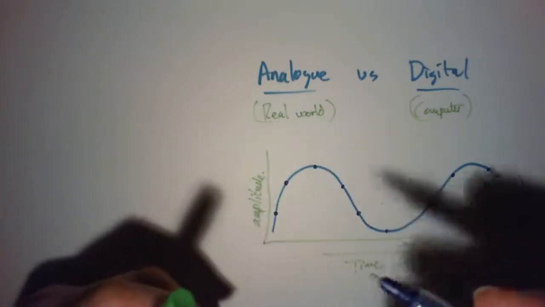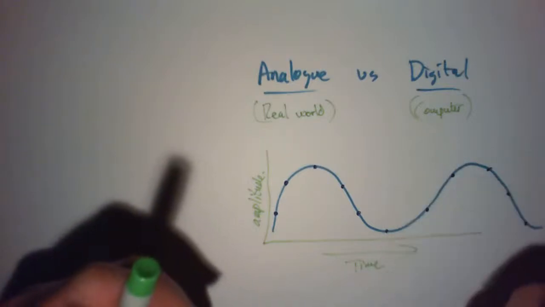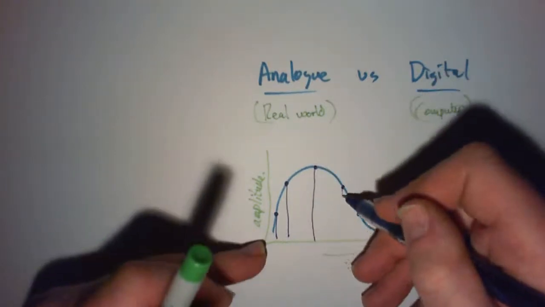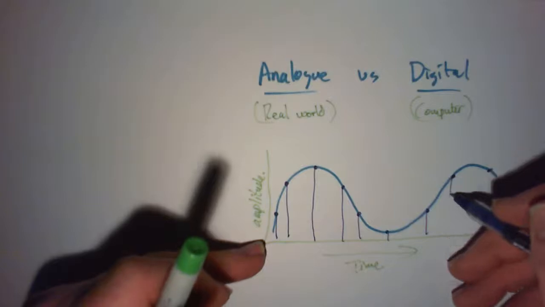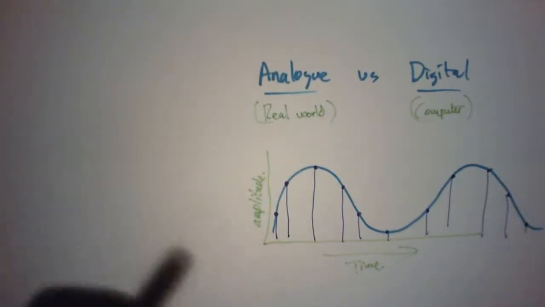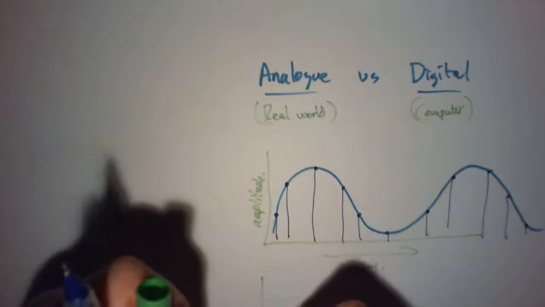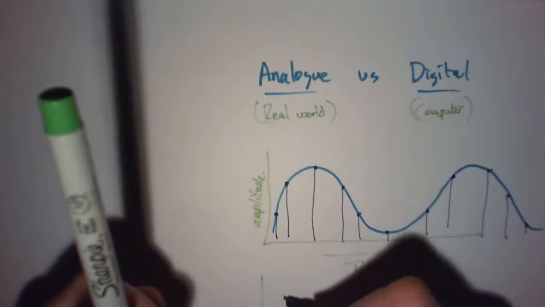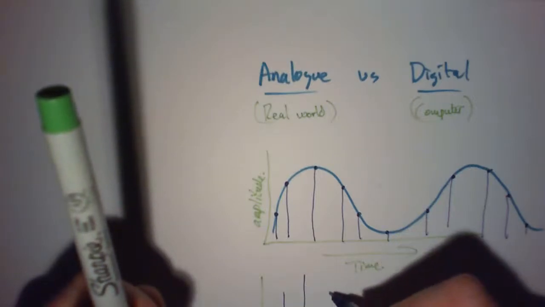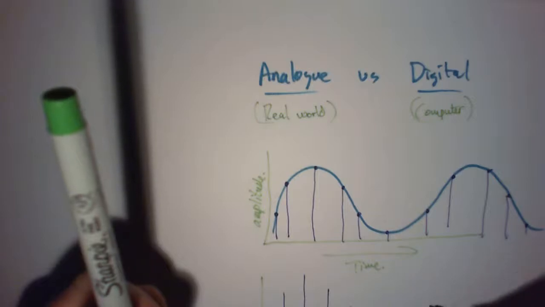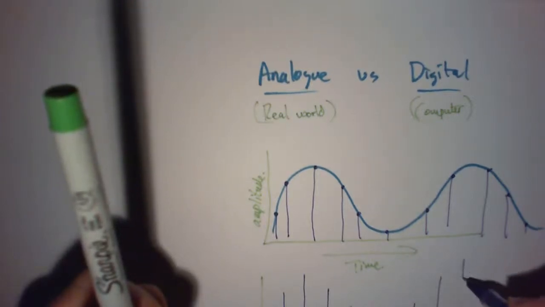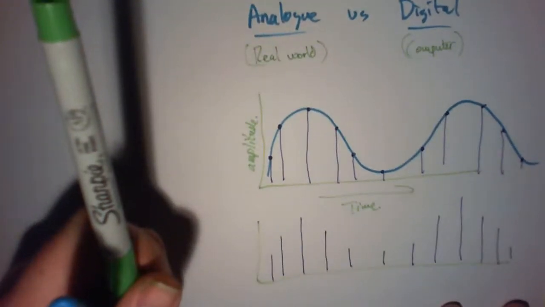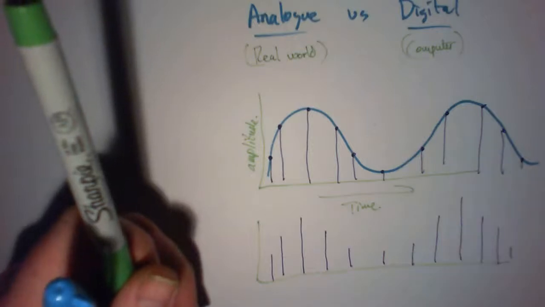To convert the analog recording to digital data, we need to take samples of the heights, and then recreate it like that, where each one is a 1 and the gaps between it are zeros.